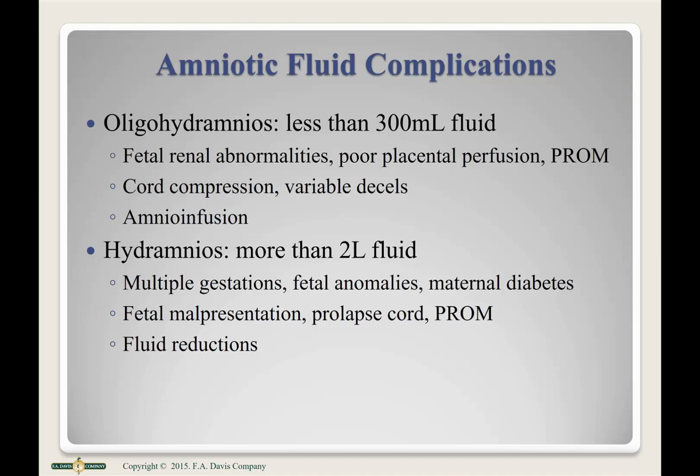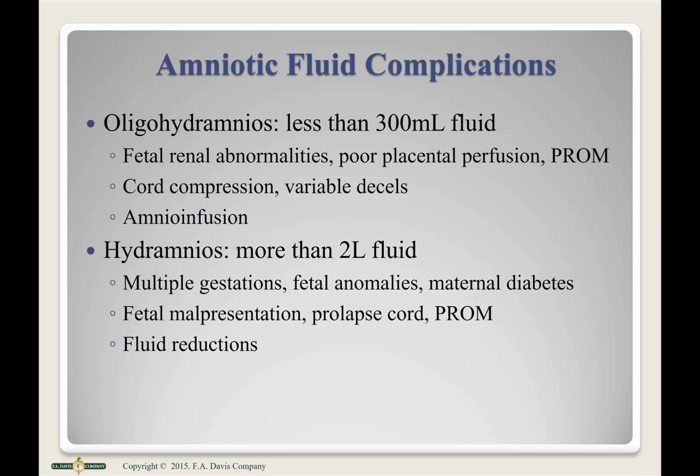Poor placental perfusion, so just like an adult that's not getting adequate blood flow to their kidneys, their urine output is going to decrease. Well, same thing here. If we have poor placental perfusion, baby's not getting enough oxygen to their kidneys, so therefore they're going to produce less urine.